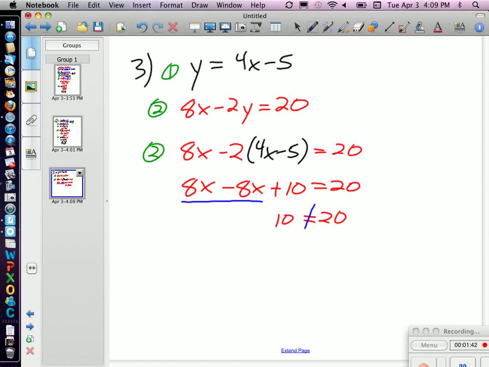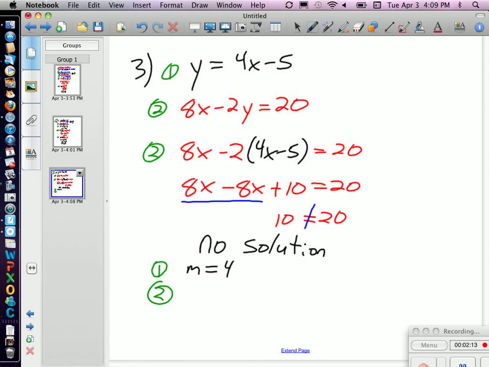There is no solution. Now if you remember back to the graphing from yesterday, no solution means that they were parallel. So let's see if we could have determined that on our own without substituting, just by looking at the slopes. Equation 1 has a slope of 4, because it's in slope-intercept form already. Equation 2 was not in slope-intercept form.